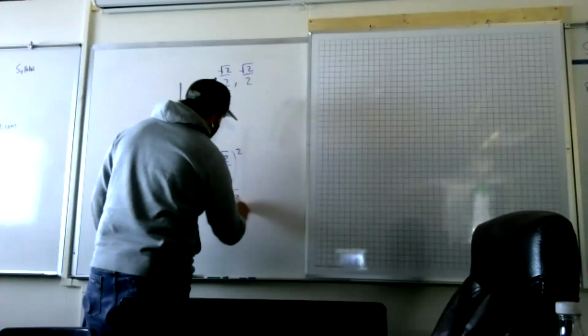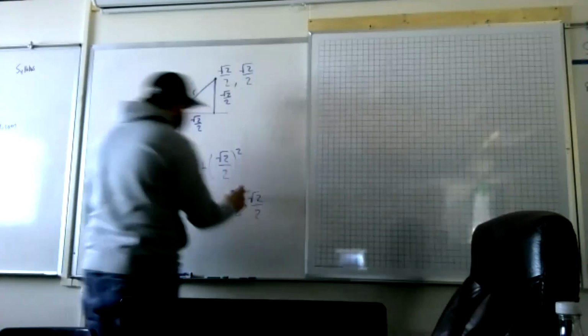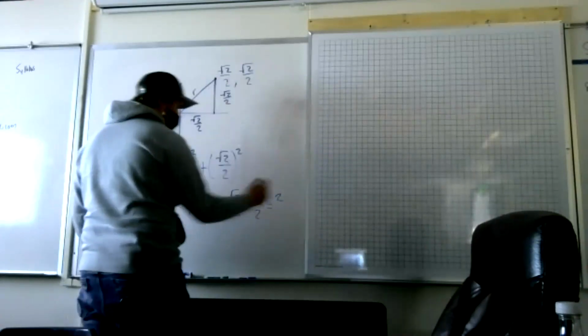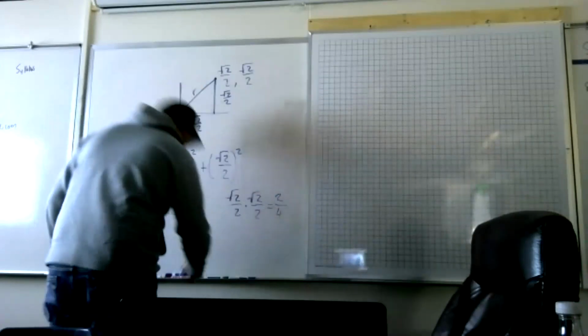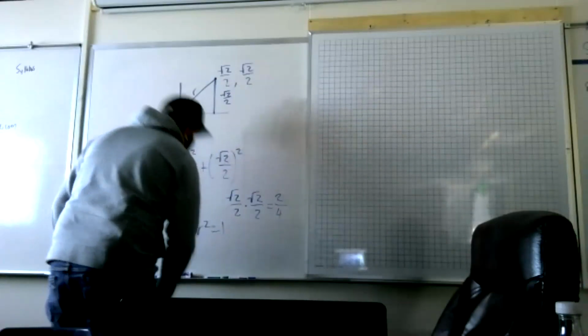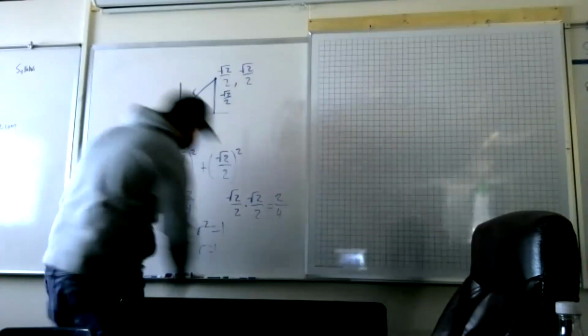Square root of 2 over 2 times the square root of 2 over 2. Square root of 2 times the square root of 2 is equal to 2. 2 times 2 is 4. So that's equal to 1/2 plus 1/2 would give me R squared is equal to 1. If I take the square root, I'll find that R is equal to 1.